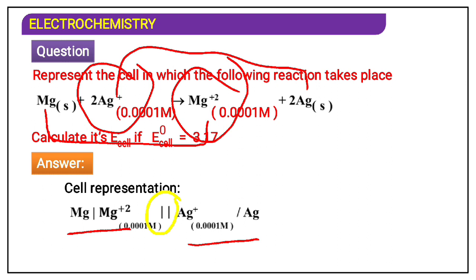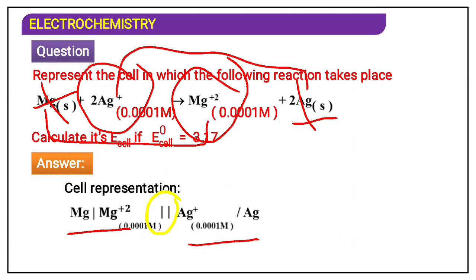While writing the formula, we do not write any solids. That you have to remember. We only write the aqueous species: in the products, Mg2+ is aqueous, and in the reactant, Ag+ is aqueous.